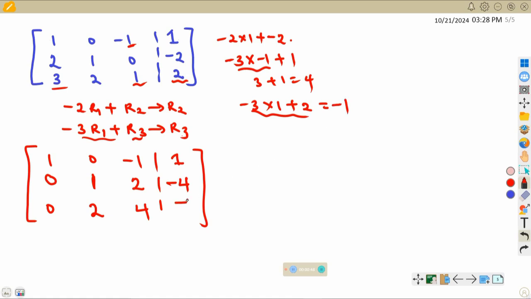So next, we want to eliminate this 2 here.